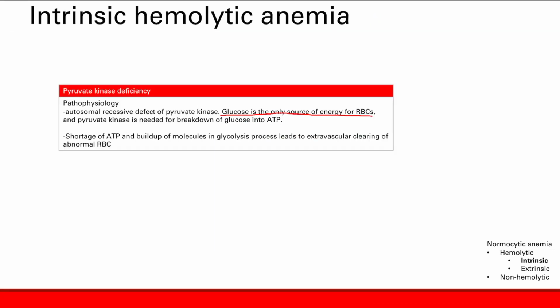If you don't have pyruvate kinase, red blood cells can't use that glucose, so they have no energy. They have a shortage of ATP and a buildup of the molecules in the glycolysis process that breaks down glucose. You get extravascular clearing of abnormal red blood cells. So that's how you get problems in pyruvate kinase deficiency.